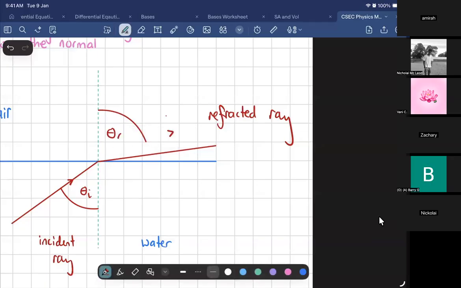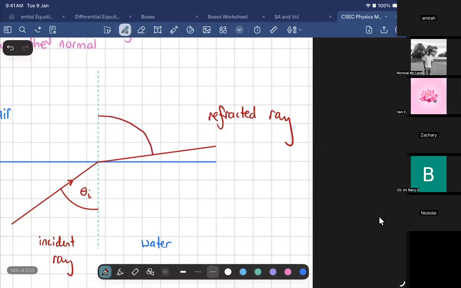Now, are you all noticing something about the angle of refraction? It's getting closer and closer and closer to what? The boundary line. Anybody else seeing that?